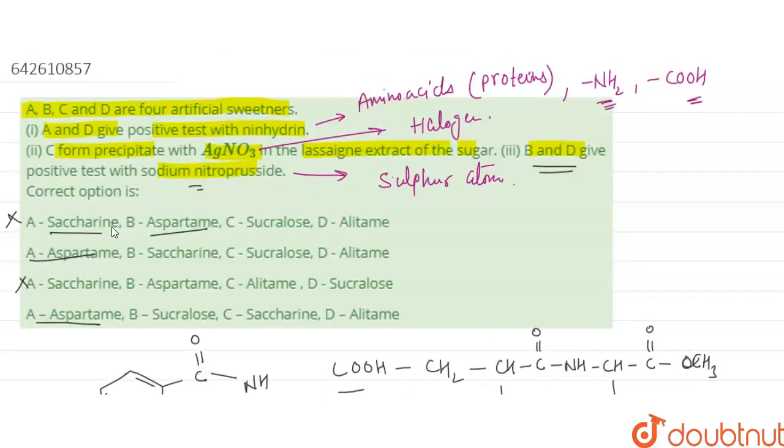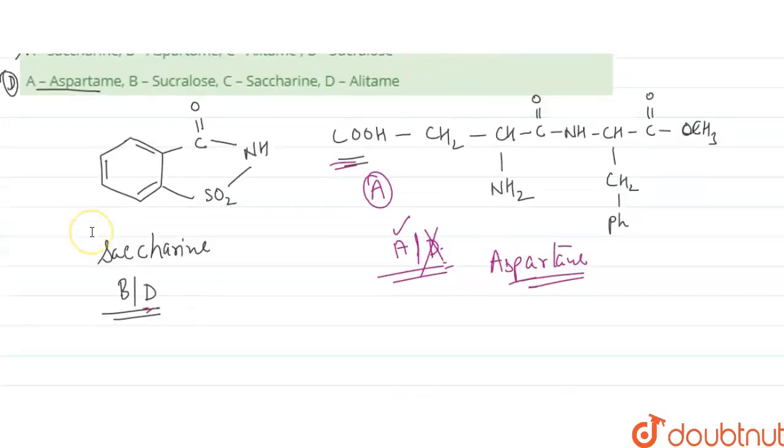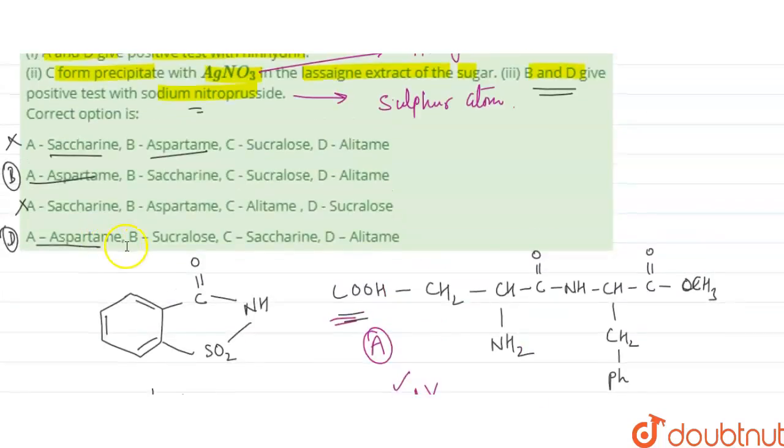Now we can check options B and D. We have checked that B can be saccharin, but in option D, B is given as sucralose, so D is not our right answer. So our answer is option B. This is basically a structure based question. We have to know the structure. By this also we can solve this question.